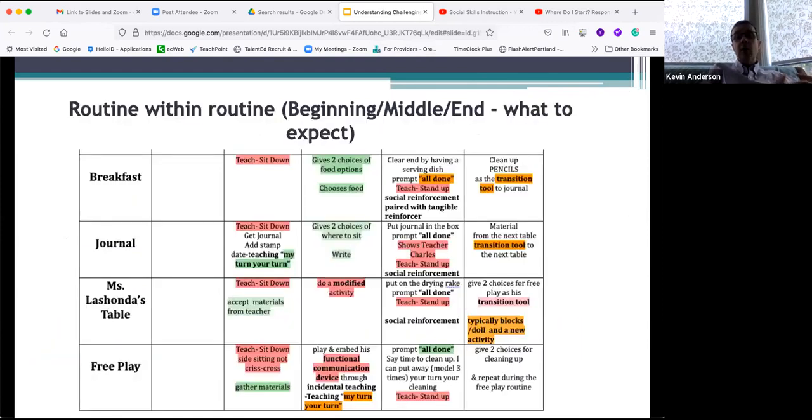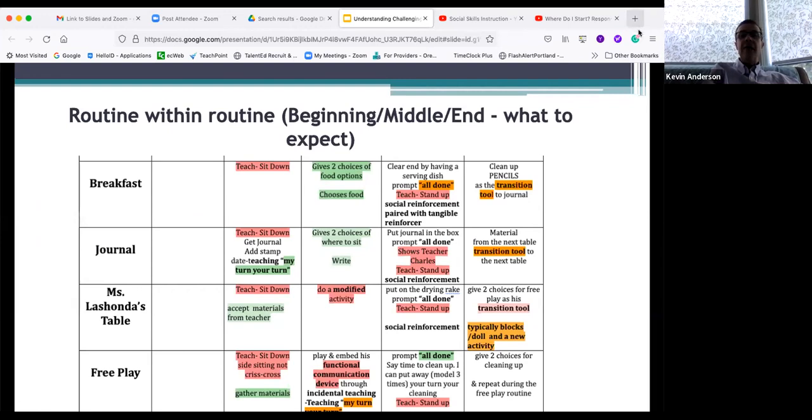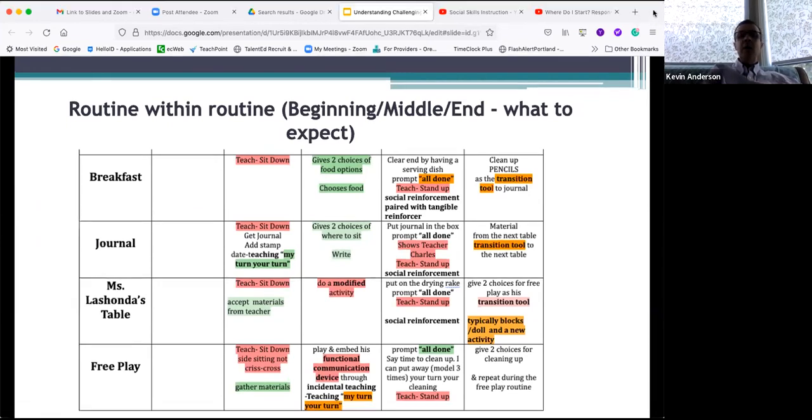So we use those tier 2, we teach social emotional skills so that children won't engage in those challenging behaviors. One of the other reasons we often see children have challenging behavior is they really don't know what to expect or what they are supposed to be doing as they engage in their school day.